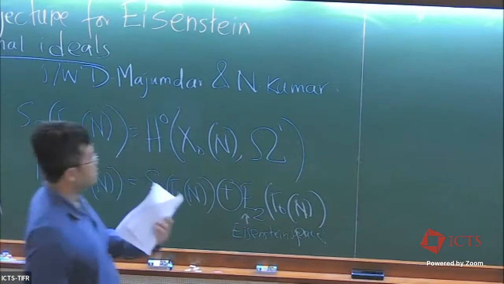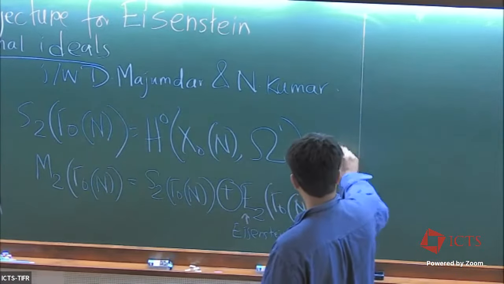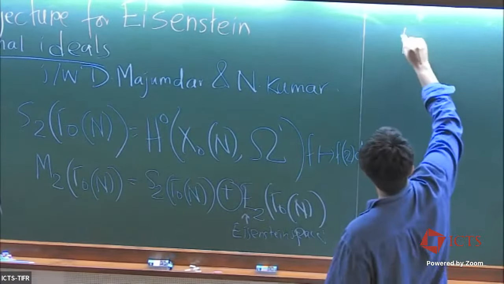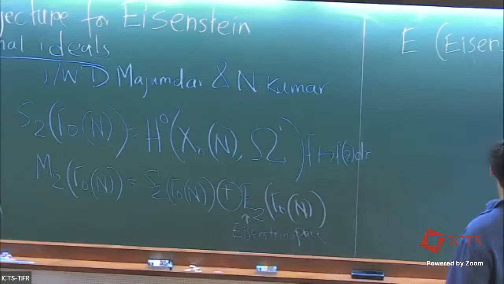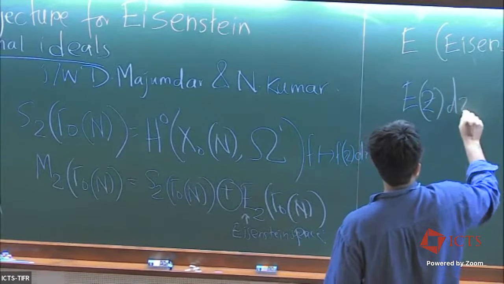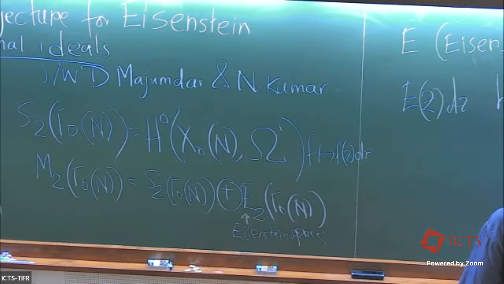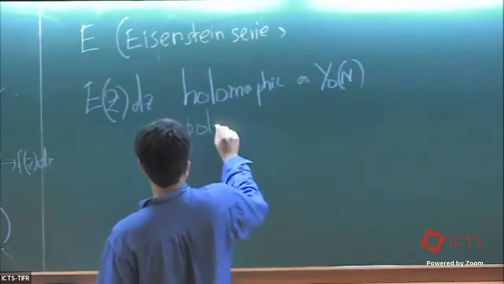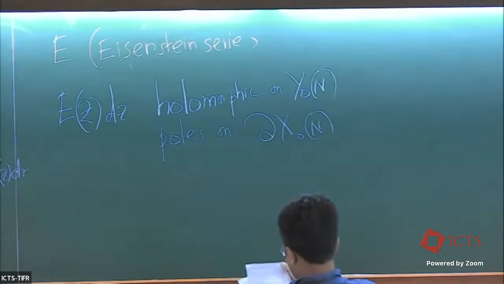If you take the differential forms, this is just f(z)dz, and corresponding to that, if you take an Eisenstein series E(z)dz, the corresponding differential form is holomorphic on Y_0(N), but unfortunately it has poles on X_0(N).